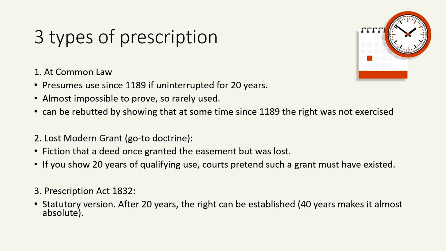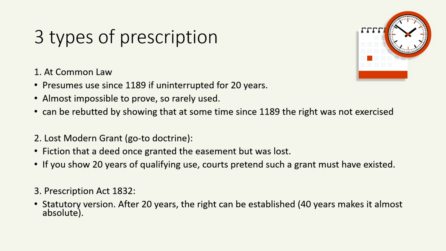And the thing is, it's a bit more complicated. The wording of the statute isn't great. It's quite hard to understand. It's got different levels as well. Like you gain some rights after 20 years, and then almost absolute, really extensive rights after 40 years.